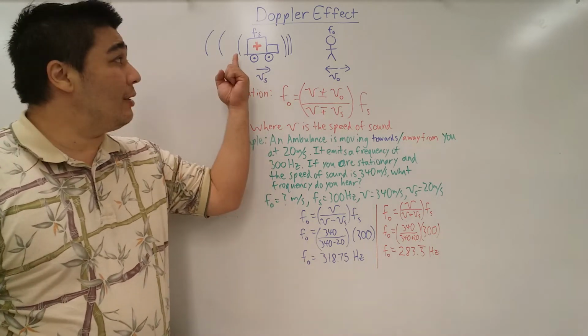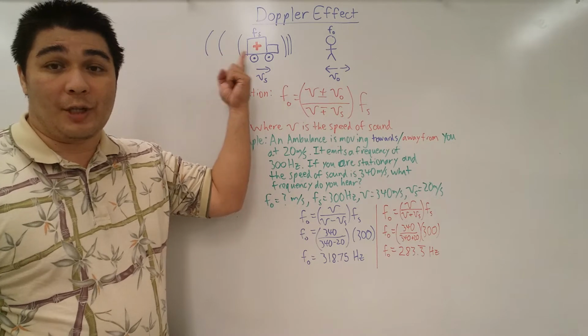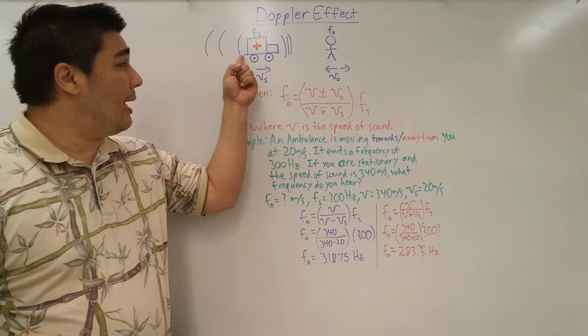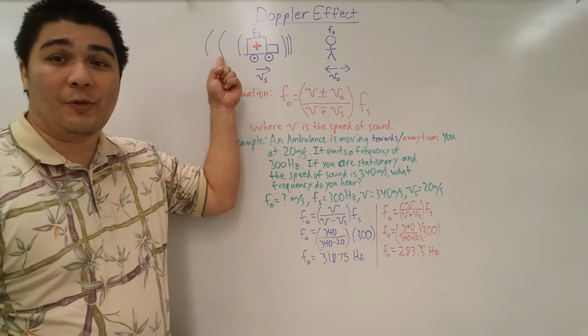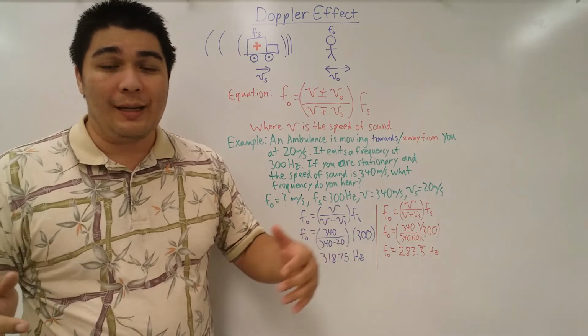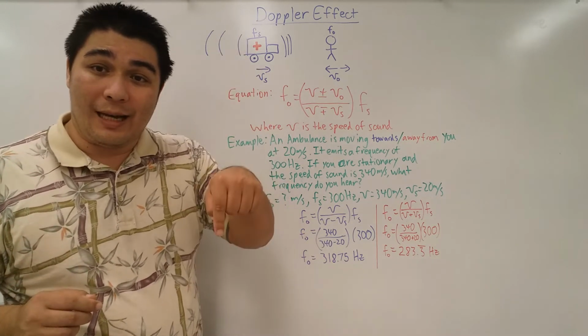Likewise, on the other side, as the source moves away from the spot where it initially sent out a pulse, those pulses get spaced further and further away from each other, and when we hear it, it sounds like the frequency is going down.